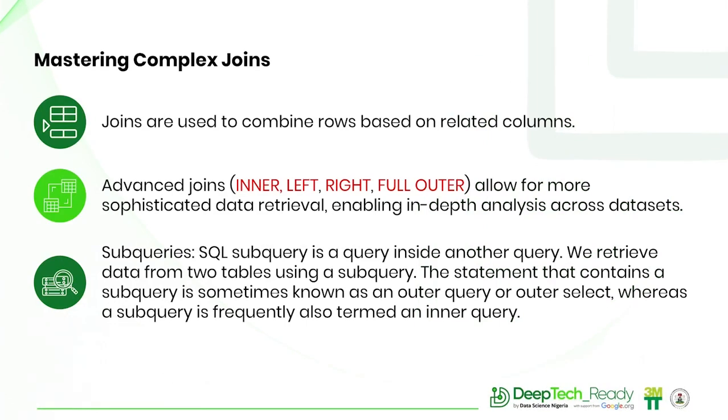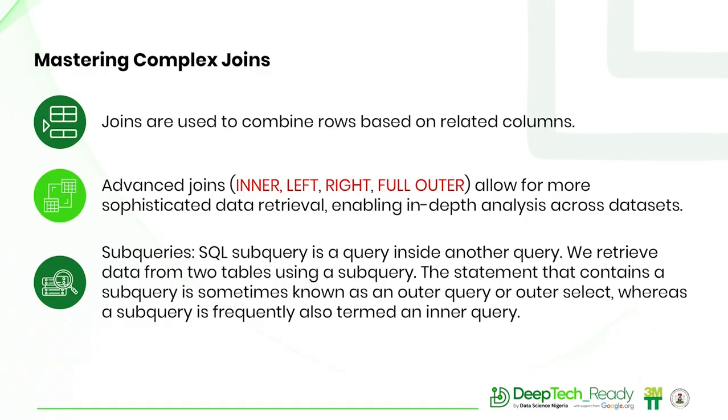What are joins? Joins are a powerful tool in SQL used to combine rows from two or more tables based on related columns. Advanced join types such as the inner, the left, the right, and the full outer joins allow for more sophisticated data retrieval. These techniques enable deep analysis by seamlessly merging datasets and uncovering meaningful relationships.